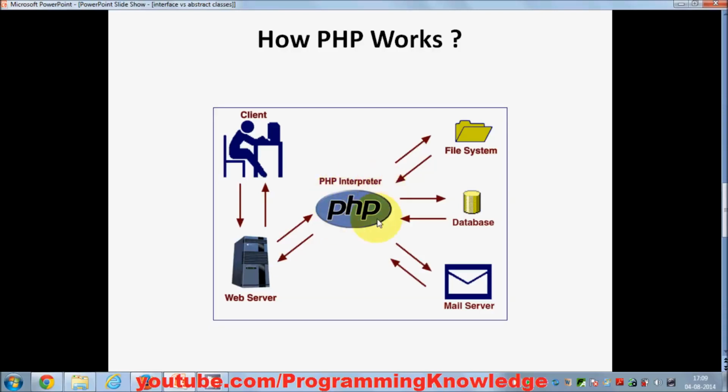So on the basis of your client request, your PHP will interpret the values from the database, or mail servers, or files from the file system, and it will take these file system or database values, interpret those values, and then once again give the response to the client.